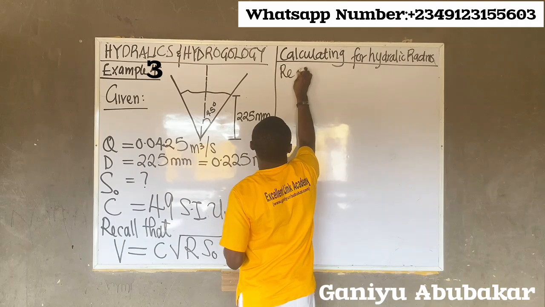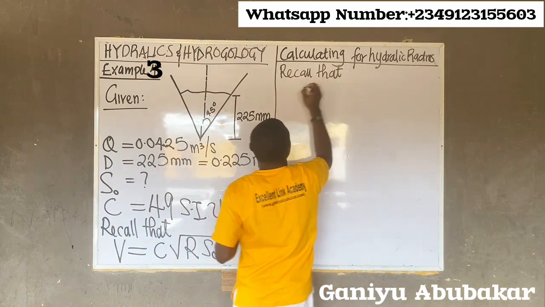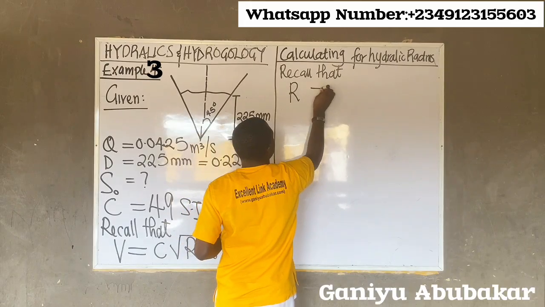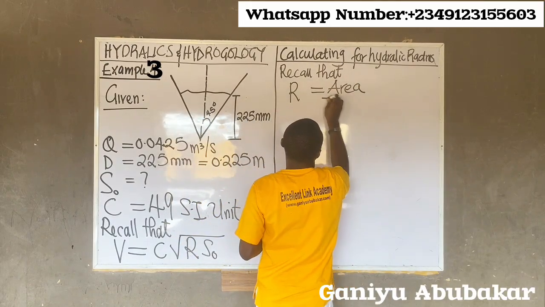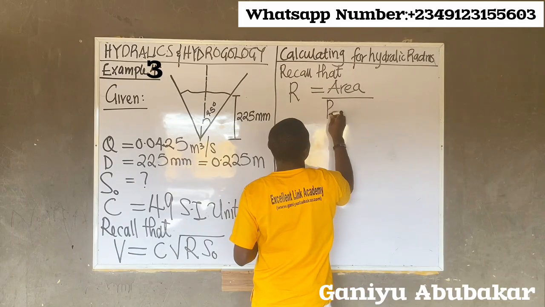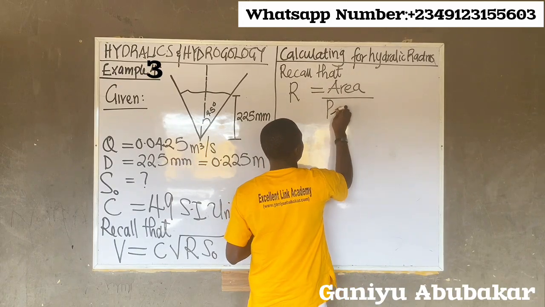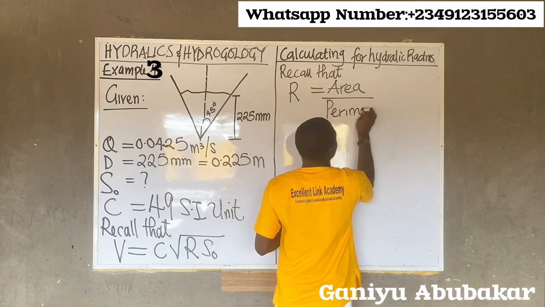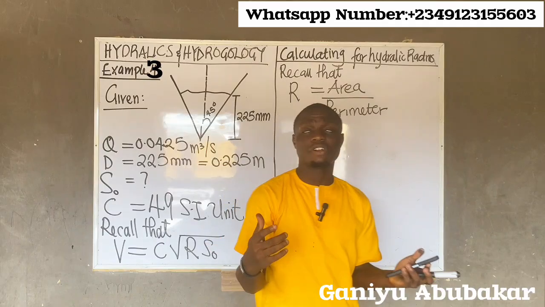Recall that in this case here, R is given as area of wetted part of the shape all over the perimeter of wetted part. That's how you look for R, and R is hydraulic radius, right?